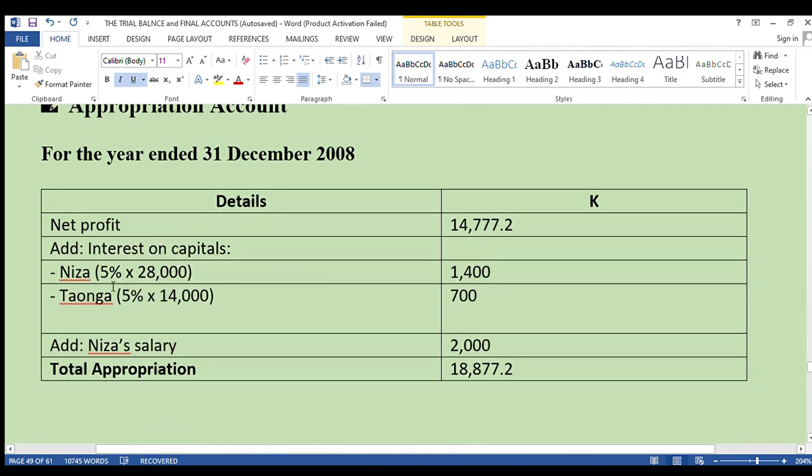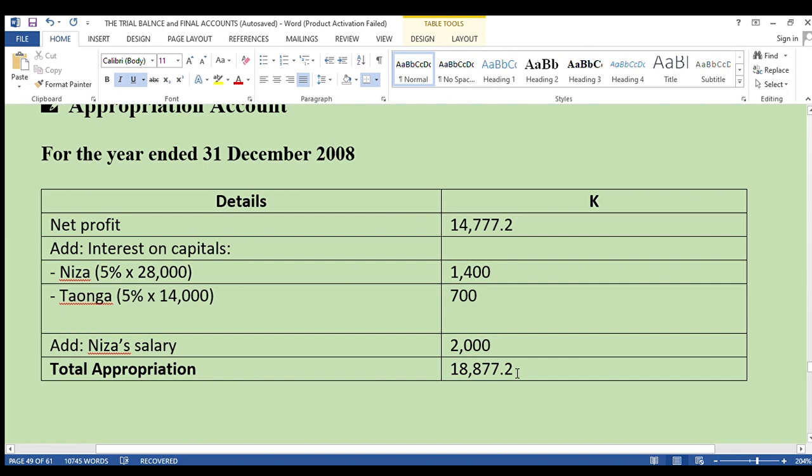So 5% of 20,000 is this, 5% of 14,000 is this. Then you also have to add the salaries. We have NISA's salary, which is 2,000. So when you add, you get the total appropriation, which is this.